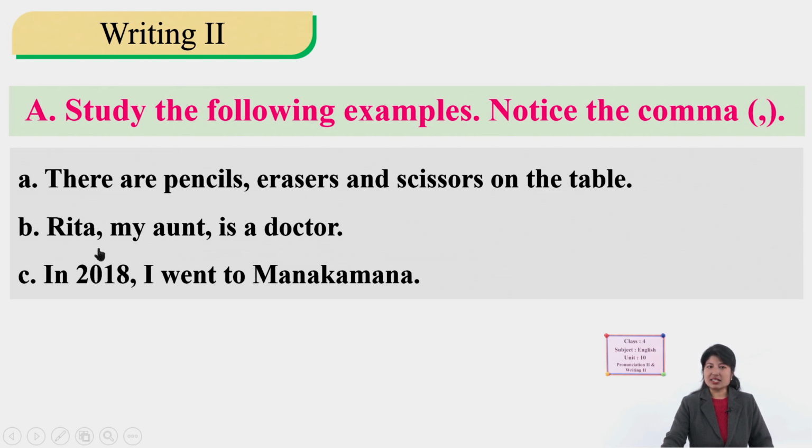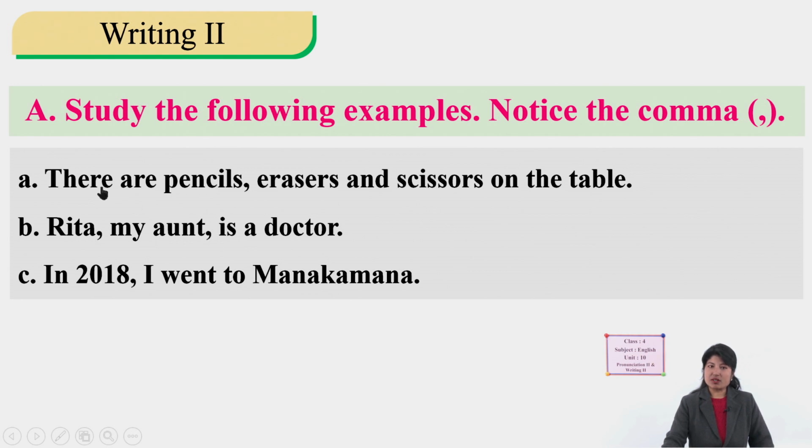How many commas are there? 1 and 2. Number C. In 2018, I went to Manakamana. How many? Only 1. So, the use of these commas, what have you found? How have these commas been used over here?